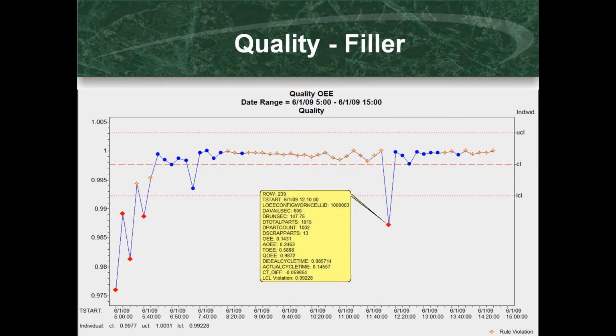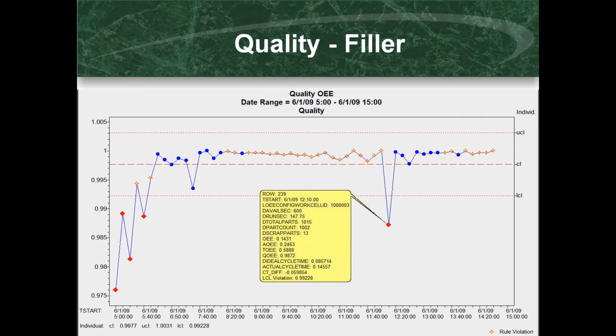When we take a look at this, we're going to see that our scrap parts really aren't that bad from what we would think, but for this piece of equipment, it sure is. This piece of equipment runs so well in the quality, you can see here that there's really barely any scrap for this shift. But by applying SPC, it became very, very apparent that at this point in time, something happened that impacted our quality.